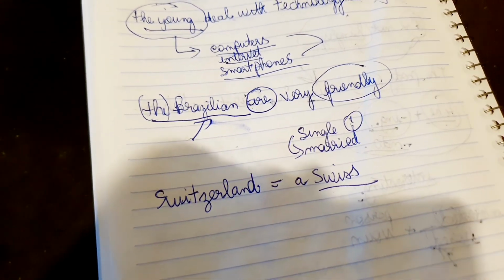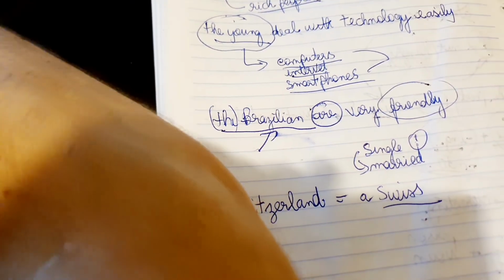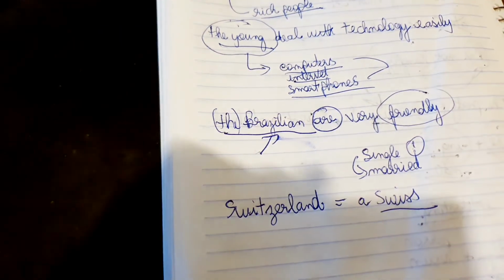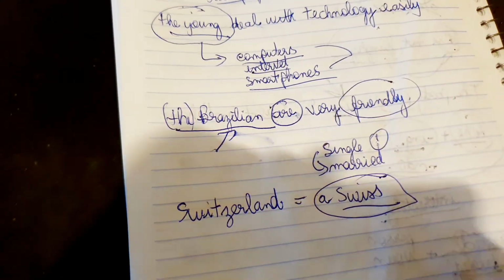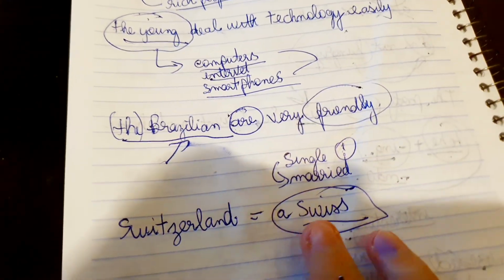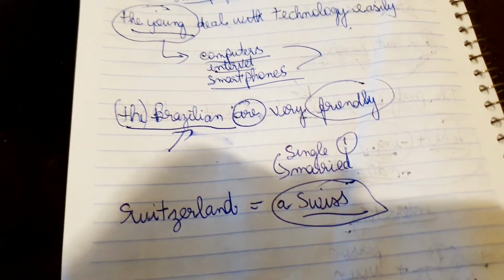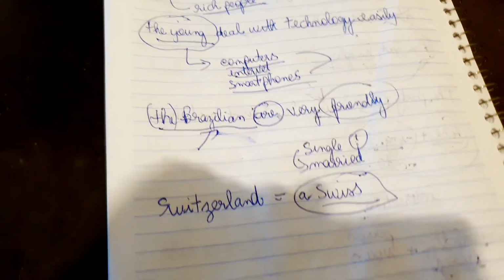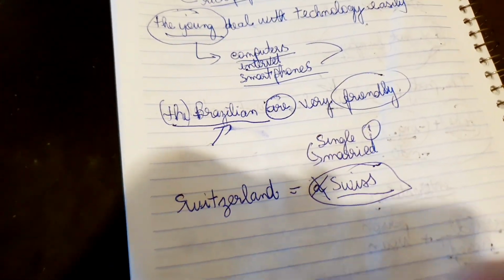I guess I wrote the name of the country correctly. Switzerland. Yes, that's correct. Is a Swiss. But when I want to refer to Swiss as a group of people, as a community, I don't use indefinite article, right?